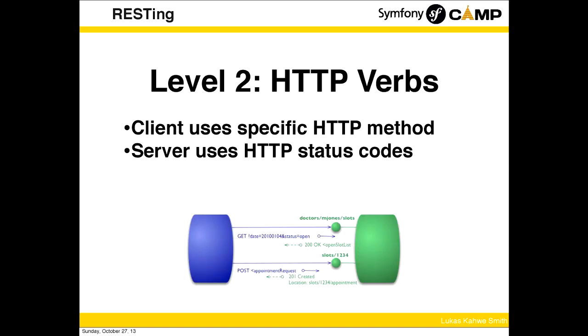Now, where it gets a little bit more interesting is at level 2. And this is actually, I would say, what most people think of when they talk about REST. So instead of just always using GET or POST to make your request, you use GET to get the content back about a specific resource, and you use POST or PUT to create new resources and to update resources.